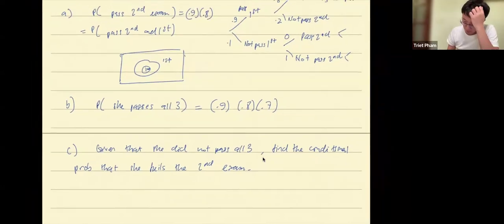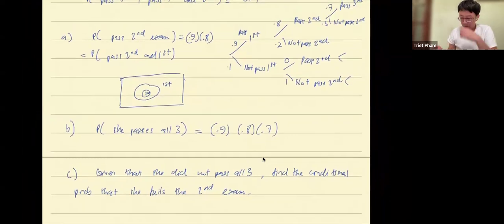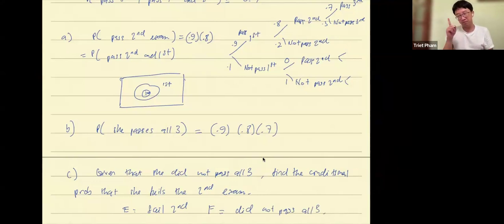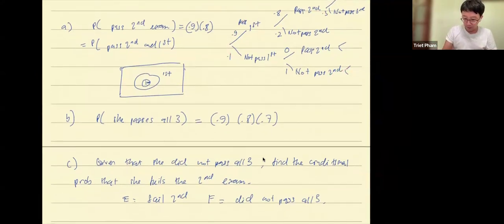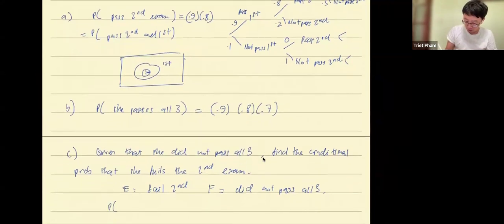Right. So correct. But here, okay, that's fine. So you can do E is fail the second exam, and F be the event that she did not pass all 3. But I would say that, again, in this context, when a tree is in the background, parsing it through the formulas, I believe, is harder than just looking at the tree.